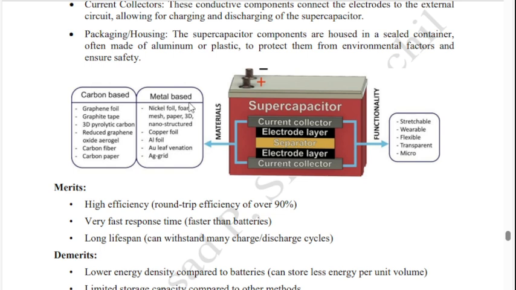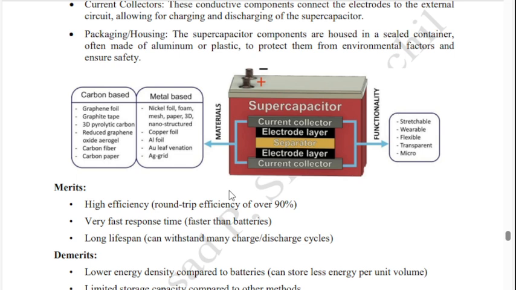If it is metal based, it may be nickel foil or foam, mesh, paper, or three-dimensional nanostructure, maybe copper foil, aluminum foil, gold leaf, silver grid. So these are some examples, no need to memorize them by heart, only to remind you whenever in future you think about supercapacitors and want some knowledge, you can think that these are the materials.